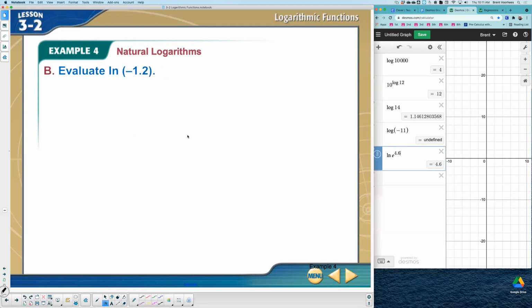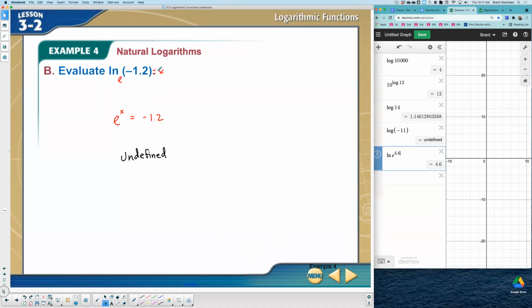Second one, evaluate this. Any ideas what the answer is going to be? e to the power of x equals negative 1.2. Oh, undefined. Why is it going to be undefined? You cannot have the number portion of a logarithm be negative.